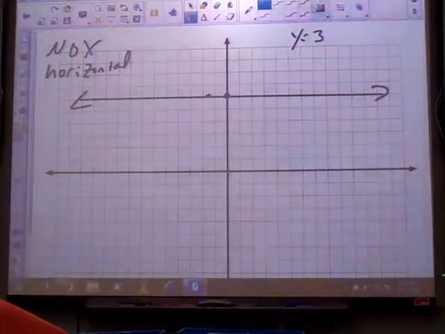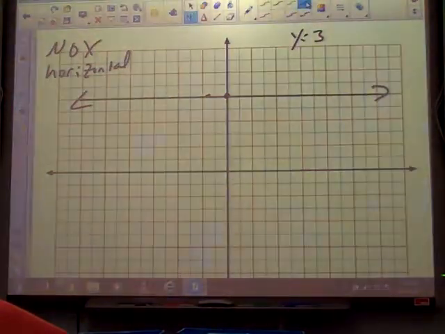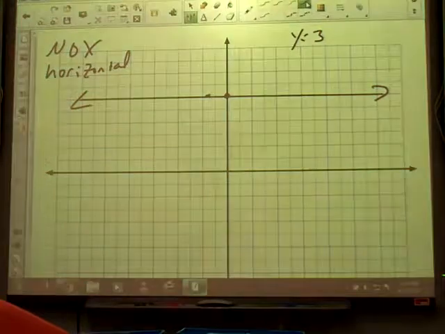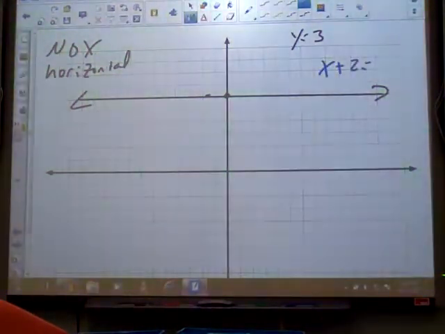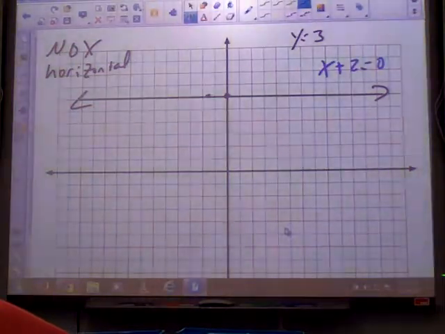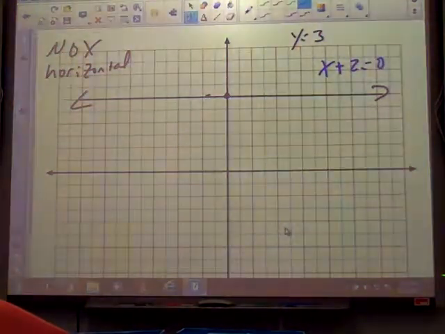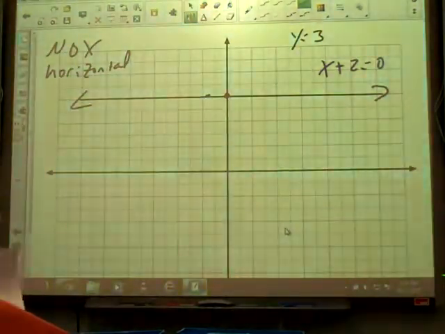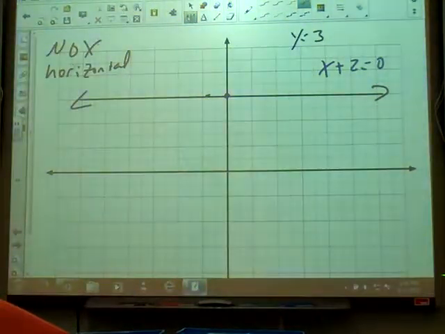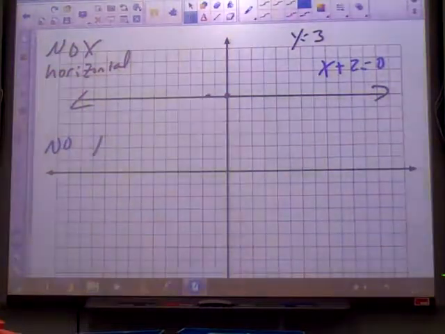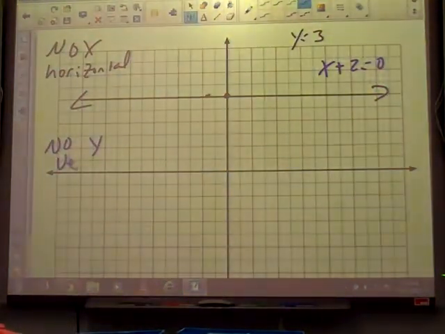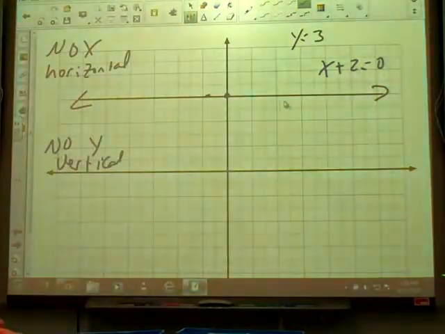All right. Now I want to keep this on the same graph paper. You can do it on the same graph if you want, or you can get a different one. I've got x plus 2 equals 0. All right, so again, I've only got one variable, but this time it's an x. So if no x got me a horizontal line, what do you think no y is going to get me? Vertical. Vertical, very good. Where's this vertical line going to go through?